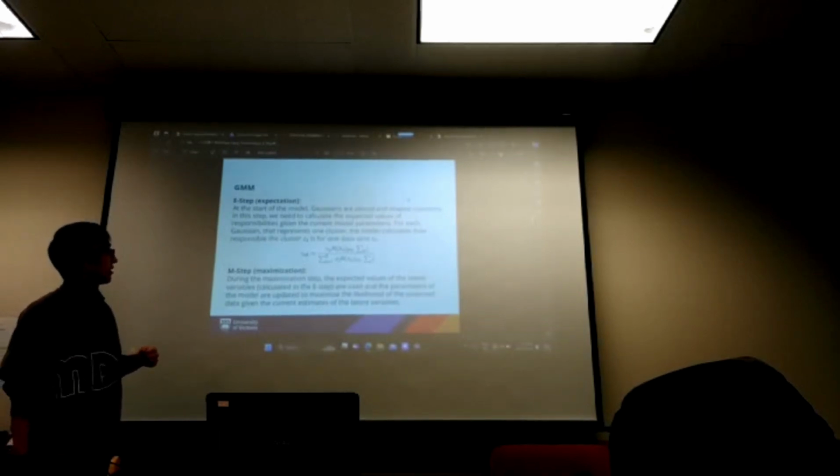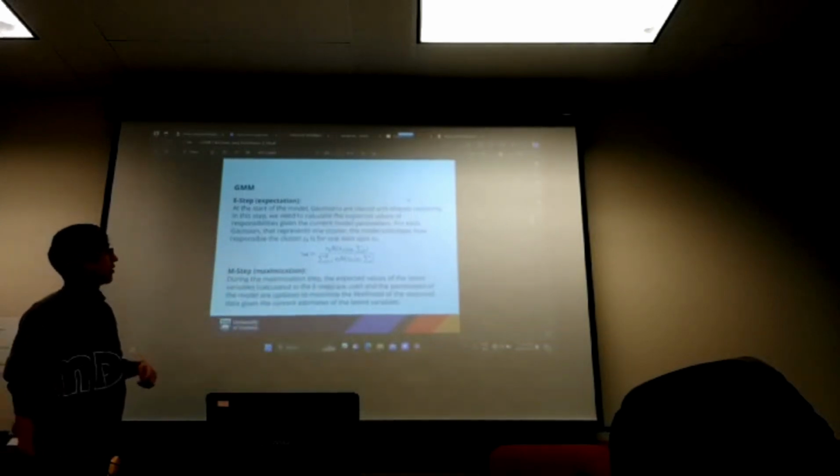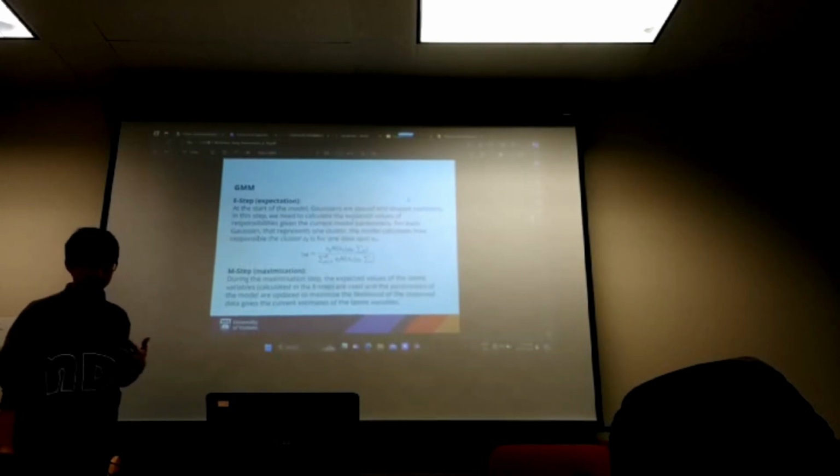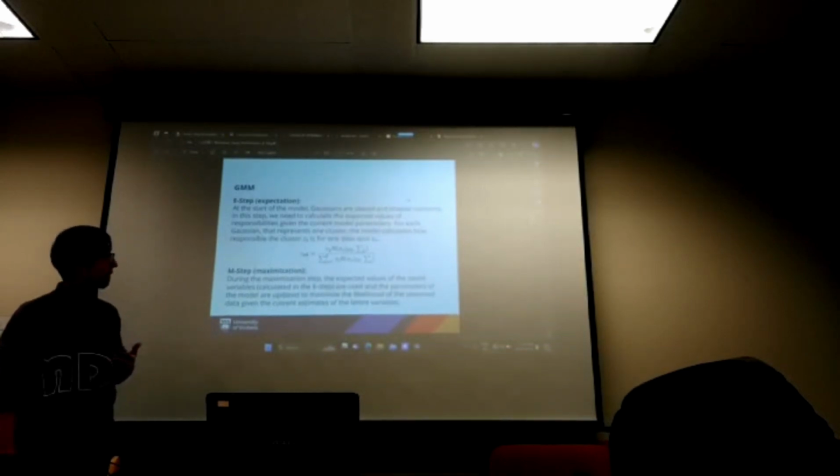This is the formula for how to calculate the responsibilities. We need to calculate the responsibilities of all the data points to all the Gaussian distributions.